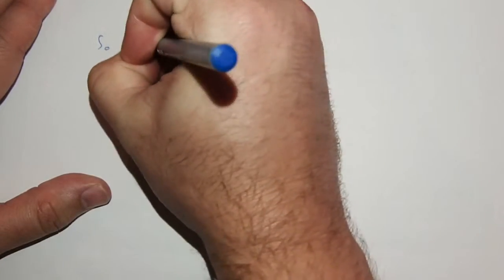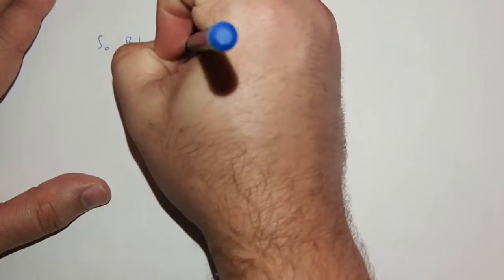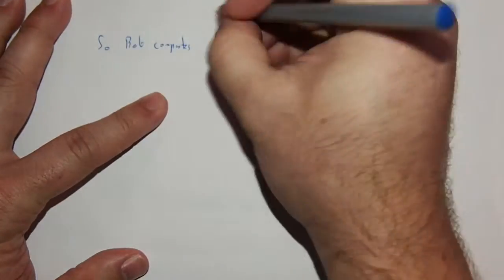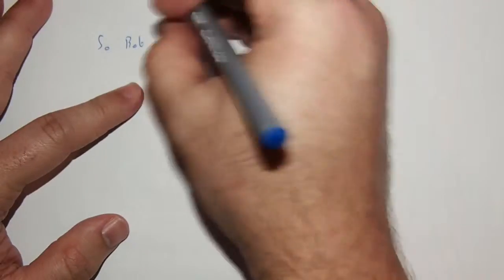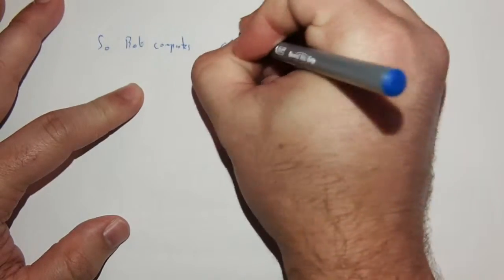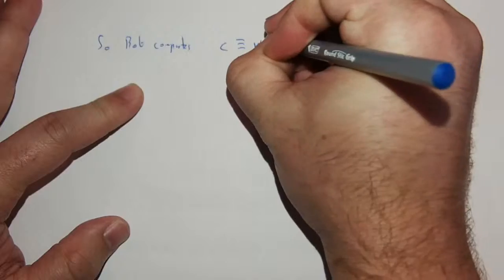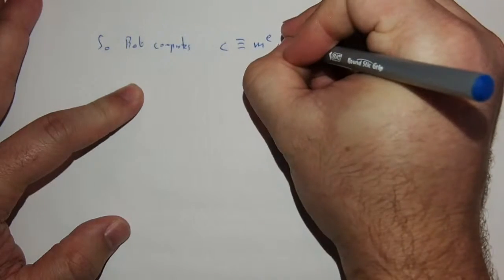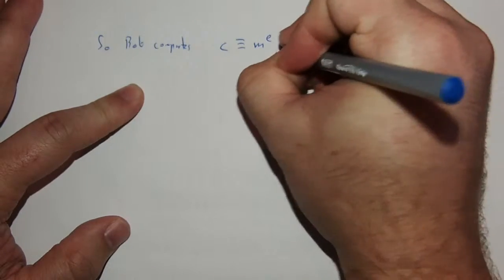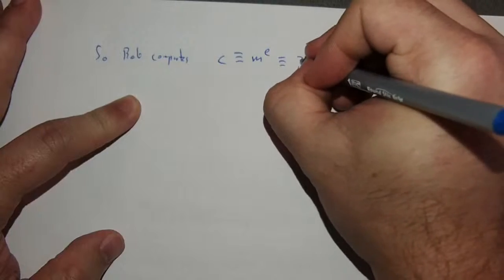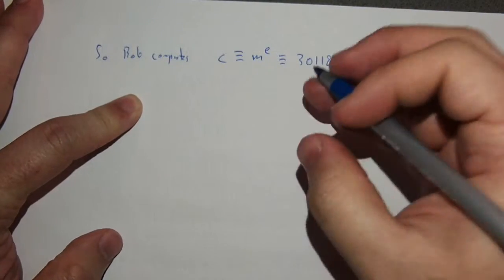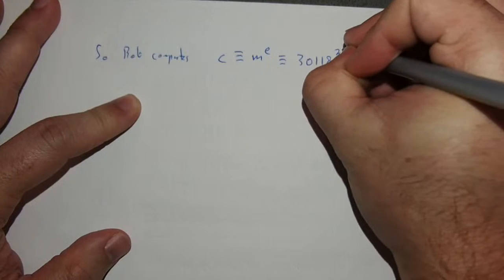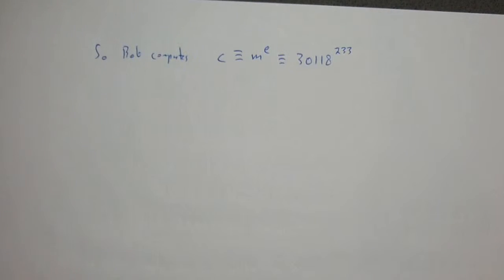Bob computes his M to the E. So C is M to the E, which is congruent to 30,118 raised to the 233. Okay.